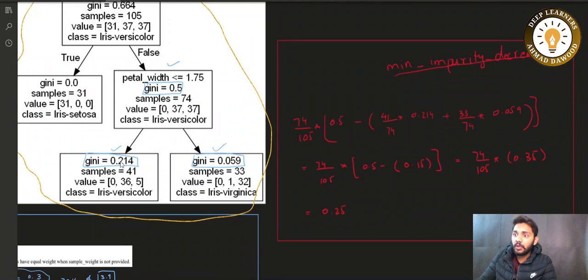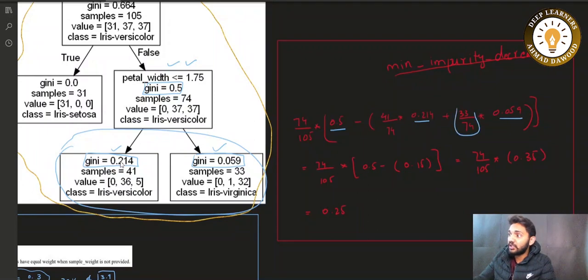If you do a weighted sum of these children, you get the impurity after splitting this node. So this is 0.5, your parent node, and this is the Gini impurity of your left child, and this is the Gini impurity of your right child.